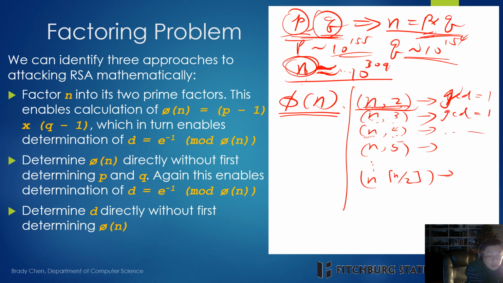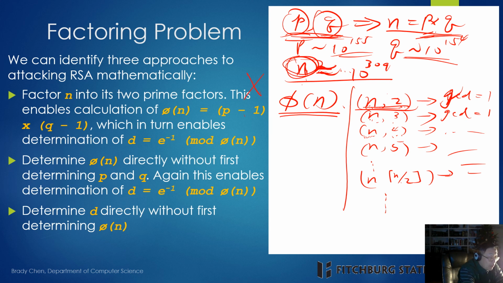You keep doing this for all the numbers from 2 to half of n. That's computationally infeasible.